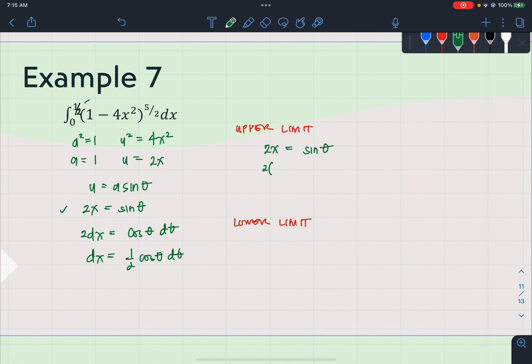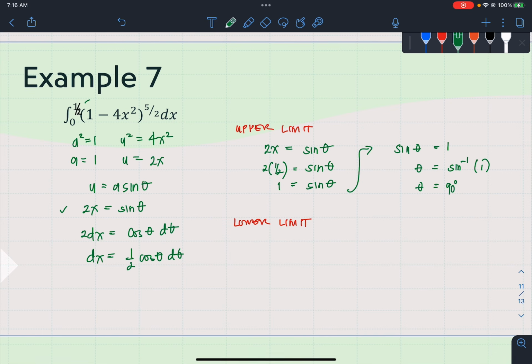So 2 times 1 half equals sine theta. 2 times 1 half is 1, so sine theta equals 1. To get the new upper limit, theta will be equivalent to inverse sine of 1. Inverse sine of 1 is 90 degrees, or pi over 2.